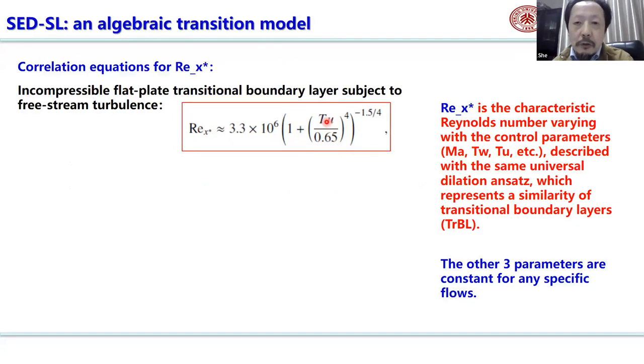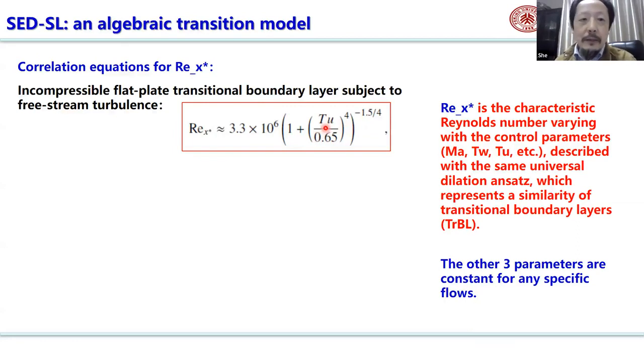In other words, for incoming turbulence intensity much smaller than this, there is a constant transition Reynolds number. And for much larger intensity, which is called forced transition, there will be a scaling of minus 1.5.